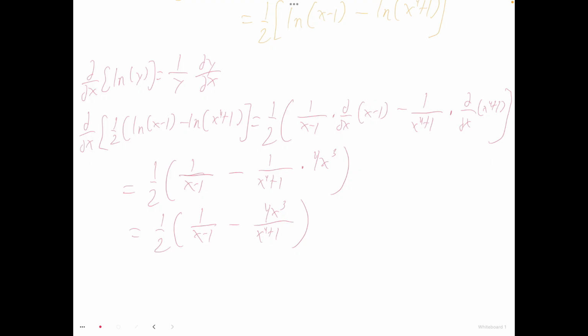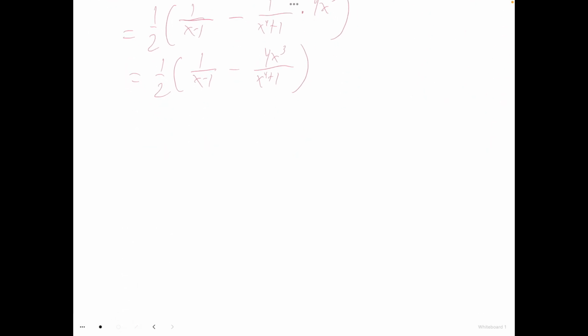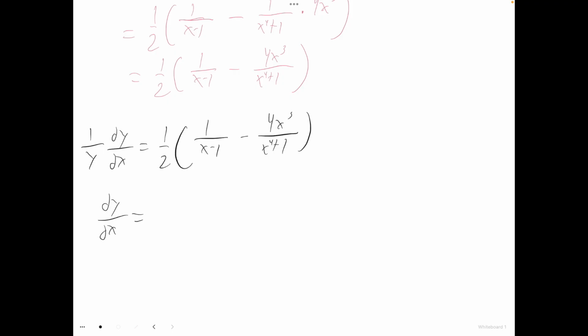And so now we are going to set these equal to each other. And so setting them equal, we get 1 over y dy over dx equals 1/2 times 1 over x minus 1 minus 4x cubed divided by x to the fourth plus 1. So dy over dx then equals y over 2 times 1 over x minus 1 minus 4x cubed divided by x to the fourth plus 1.